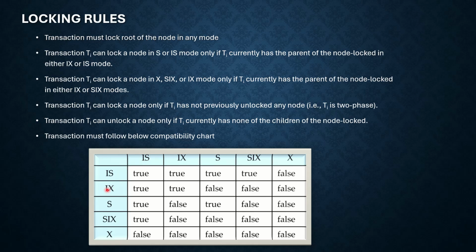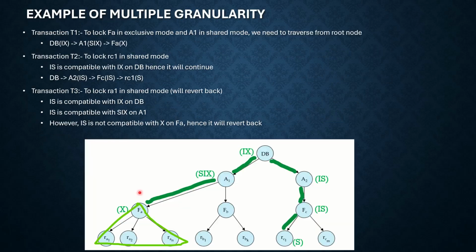From the compatibility chart, we see that IX and IS are compatible, so it will not do anything there. Then it comes here, where there is no lock on this node, so it will simply put an IS lock here. Then it will put an IS lock here, and then it will put a shared lock here. So transaction T2 has also successfully locked the data item.